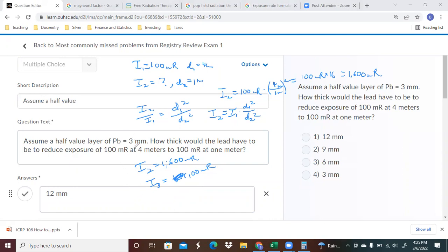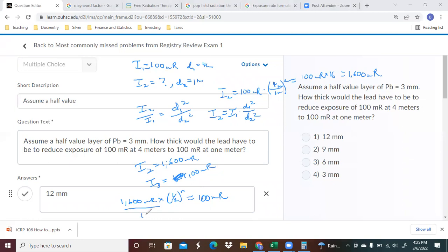Well, this is a half value layer, which means if we take 1600 milliroentgens and multiply that by 1/2 raised to some power, which I do not know what that power is, eventually it'll come down to 100 milliroentgens. I'm not exactly sure what that is, but if I try to solve for n here, then I can come up with the answer. How do I solve for n?